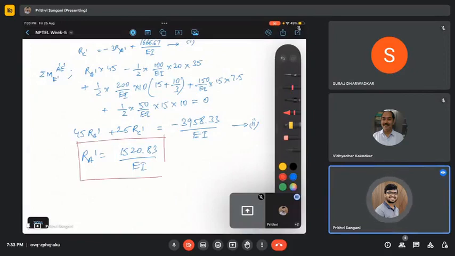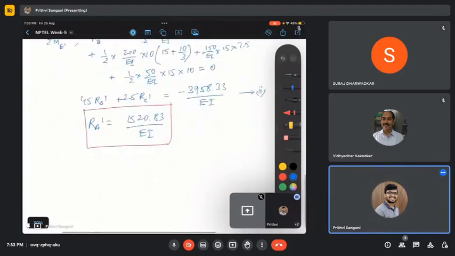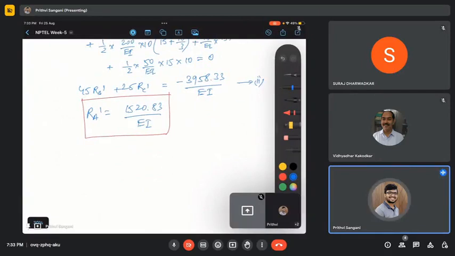RA dash is nothing but the shear force of the conjugate beam at support A. So now the shear force of the conjugate beam is nothing but the slope of the real beam.